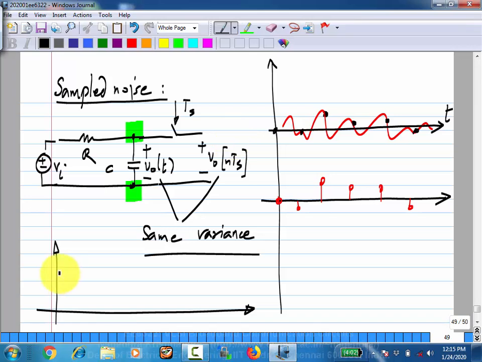It will be low pass and it looks something like that. Okay. What is the DC value? 4 kT R, right? That is the value at zero frequency. And this, by the way, is the single-sided spectral density, not the double-sided one.